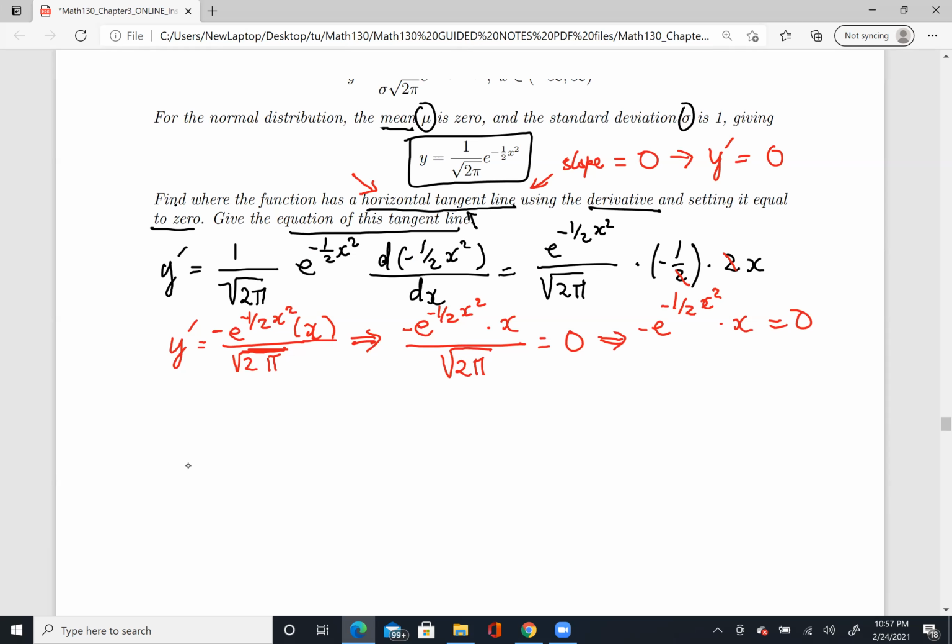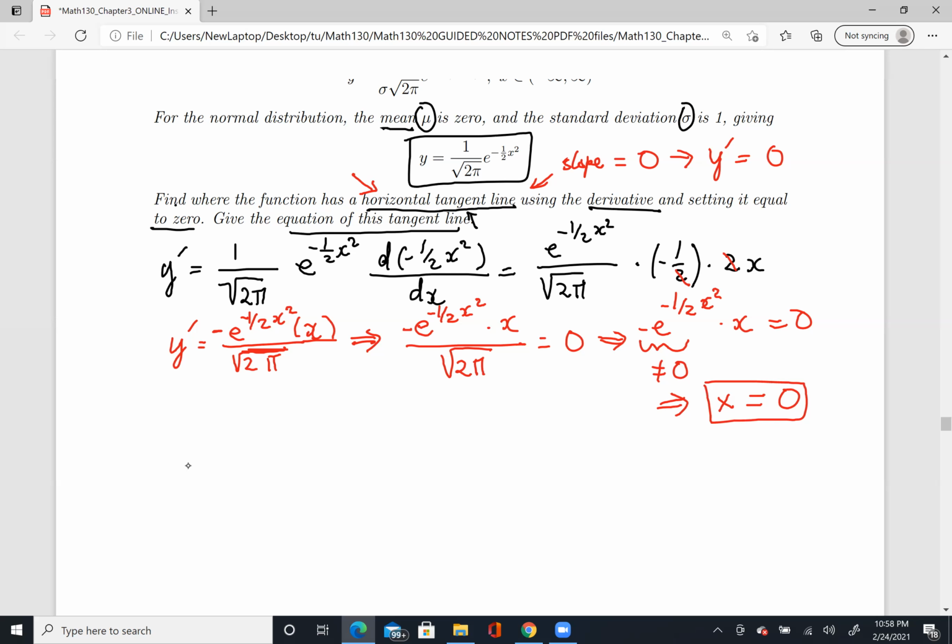Also, you should know that since this is a zero factor, and also this part over here is always not equal to 0, you can just take it away. So the answer should be x equal to 0. Only one solution in this case.